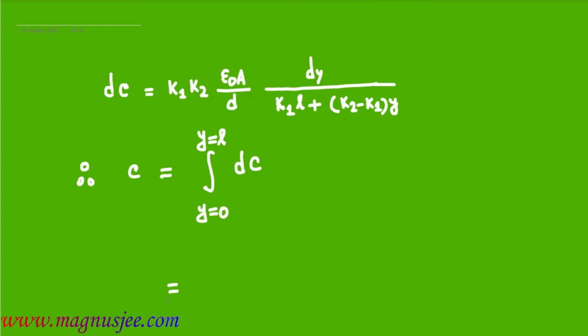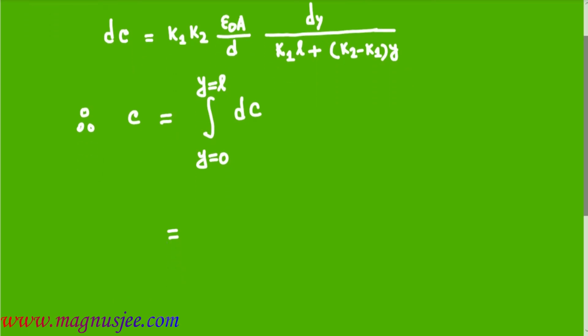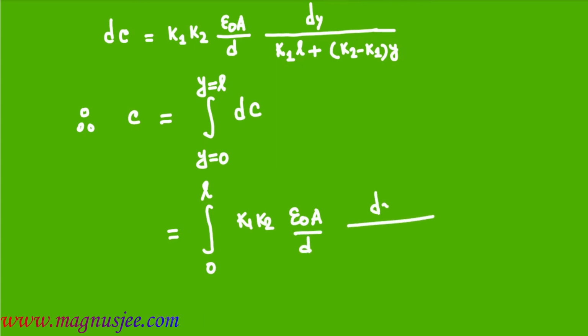Now putting the expression of dC: integration 0 to l of k1 k2 epsilon 0 A divided by d, dy divided by k1 l plus (k2 minus k1) into y.